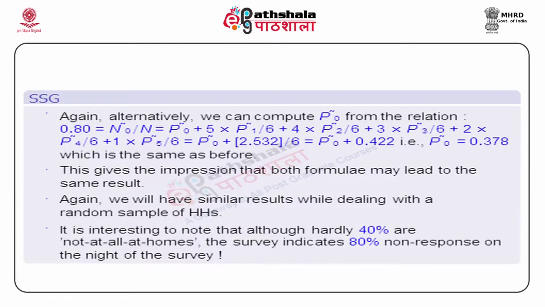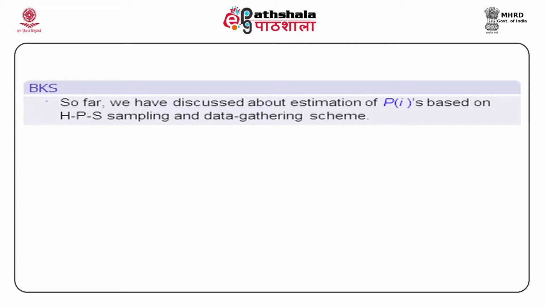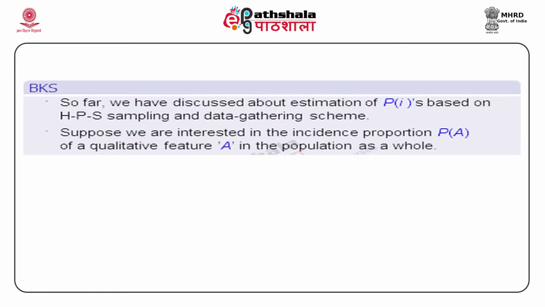Okay? That's an interesting aspect. So far, we have discussed estimates of the PIs based on this HPS, Horvitz-Thompson, scheme and the data gathering scheme that we had. Suppose we are interested in the incidence proportion PA of a qualitative feature capital A in the population as a whole. How many are drug addicts? For example, how many are smokers? We know we are talking about what percentage are available.